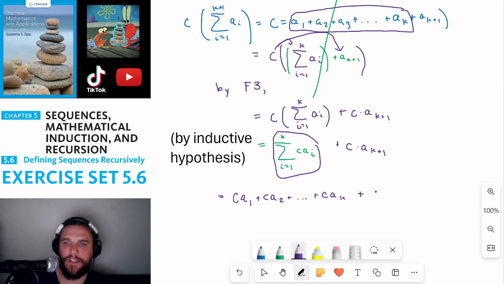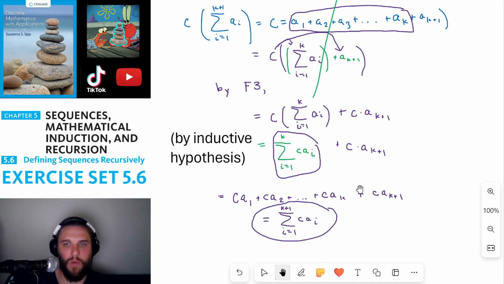Now we have this plus c times a sub k plus 1. And then we can rewrite this entire expanded form as one summation: the summation from i equals 1 to k plus 1 of c times a sub i. And that is the left-hand side of what we wanted to show.